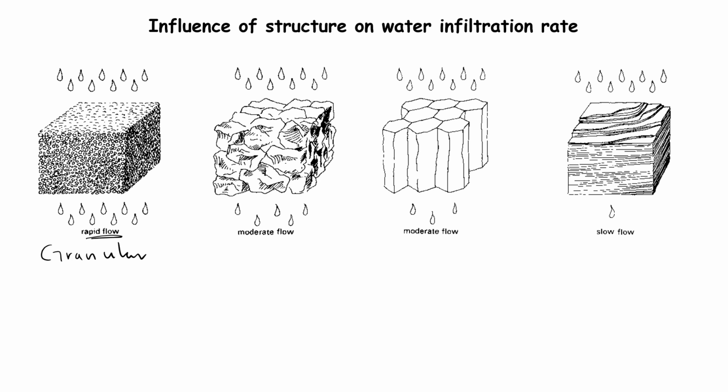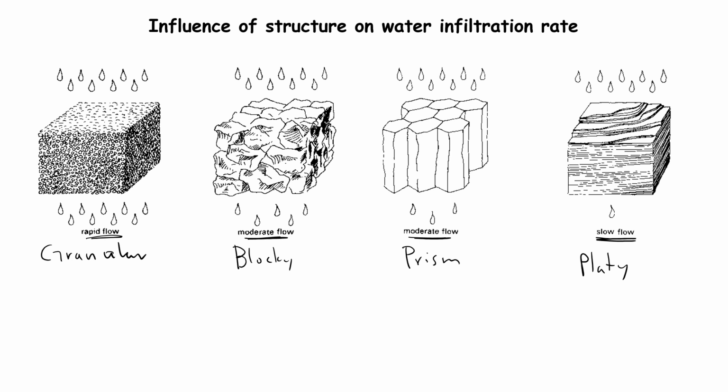If we have a blocky structure, we get a moderate flow rate. If we have prismatic or columnar, we get a moderate flow rate. And if we have platy structure, we get a very slow rate.